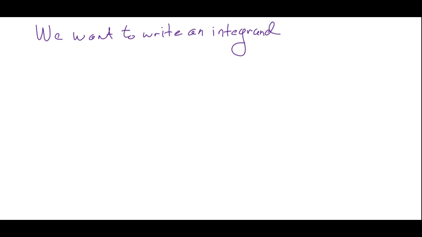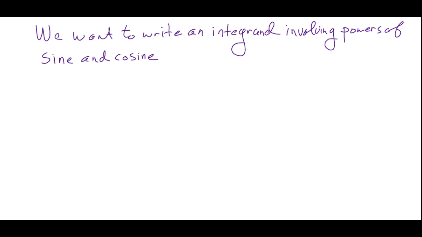So here's what we have to do then. We want to write an integrand involving powers of sine and cosine so that we have only one sine or cosine.